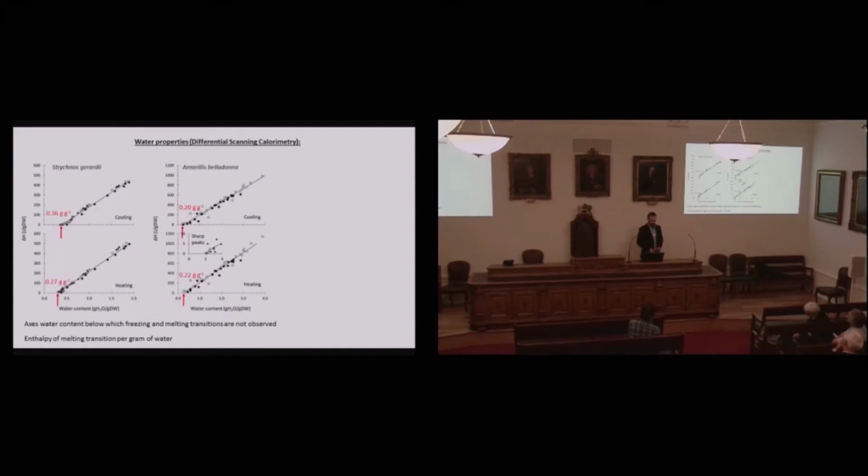The amount of water where you could detect ice in the DSC was quite similar compared with the rest of the recalcitrant seeds, and there were significant differences, but very, very small, when using glycerol as a cryoprotectant.